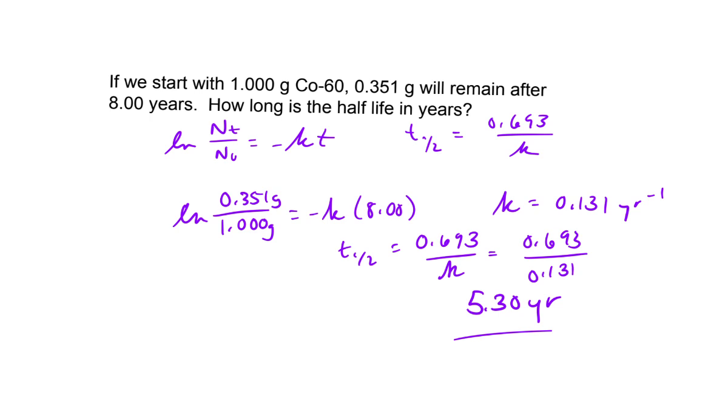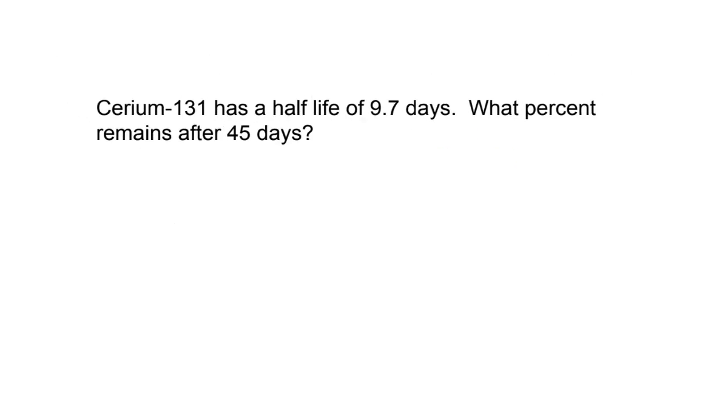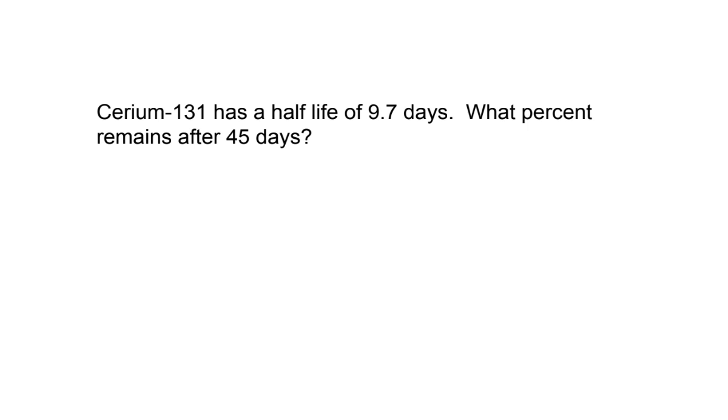All right, one more. This is kind of working in the reverse direction. Here we have cerium-131. We're given the fact that it has a half-life of 9.7 days, and we want to determine how much cerium will remain after 45 days.